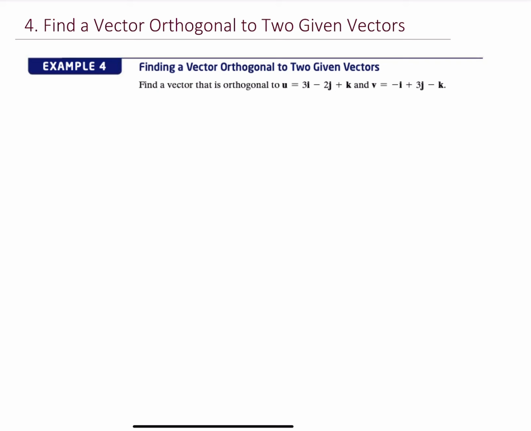We're given vector u is 3i minus 2j plus 1k, and vector v is negative 1i plus 3j minus 1k. And they're asking us to find a vector that is orthogonal to both of these. So that means we want to find the cross product between these two. So let's do u cross v.